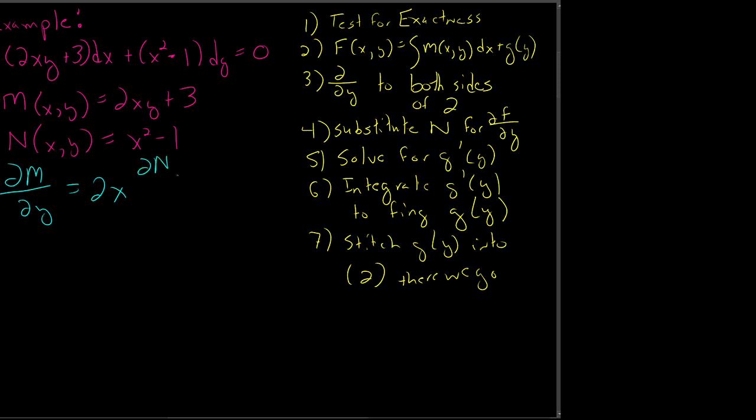Take my partial of n with respect to x. And luckily there's no other variable, so that's 2x. And this is exact, because these are equal. Yippee! Now I get to do these steps through here.